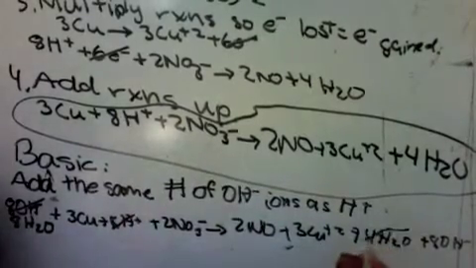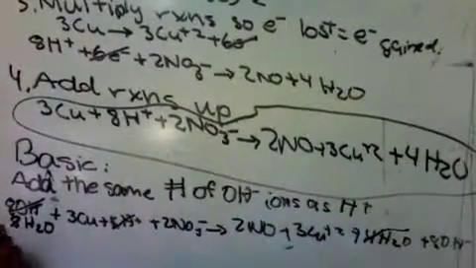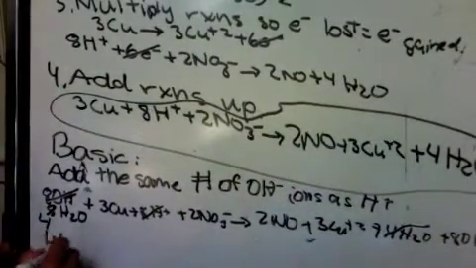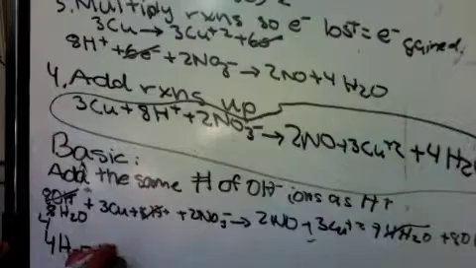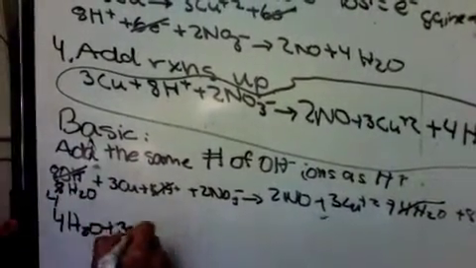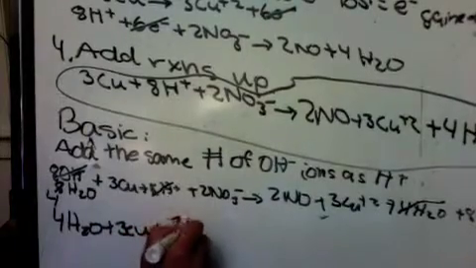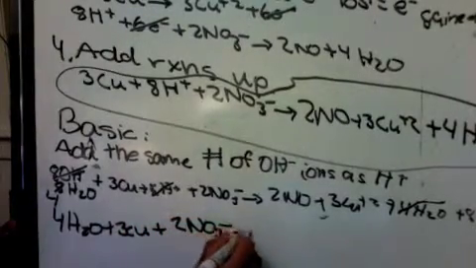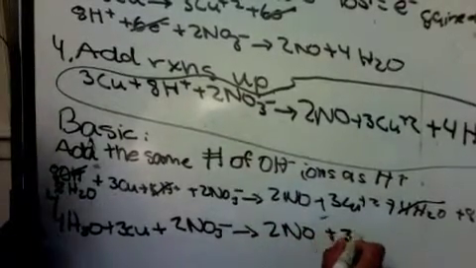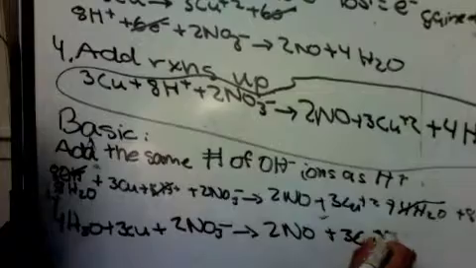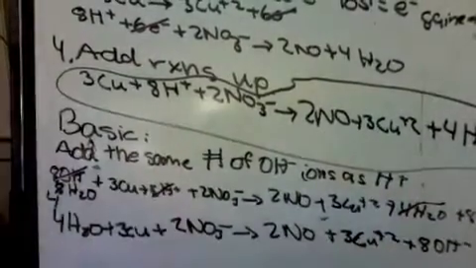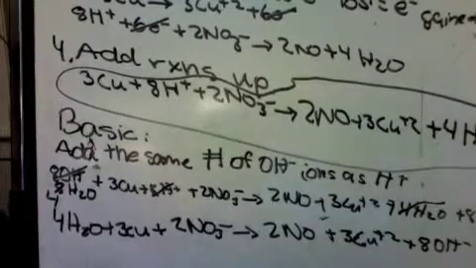You can cancel this out, cross that out, and make this a 4, and so then the final reaction will be 4 H2O plus 3 Cu plus 2 NO3 minus going to 2 NO plus 3 Cu 2 plus 8 OH minus. And that's what you would do in a basic solution.